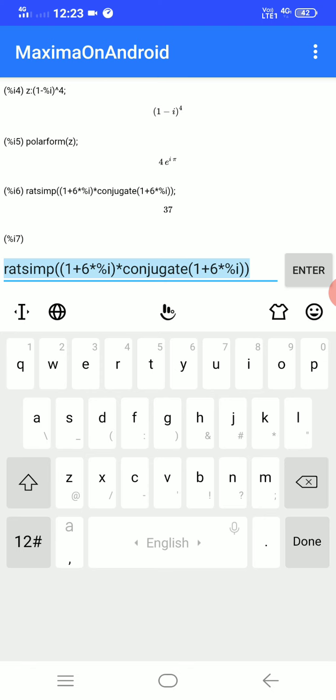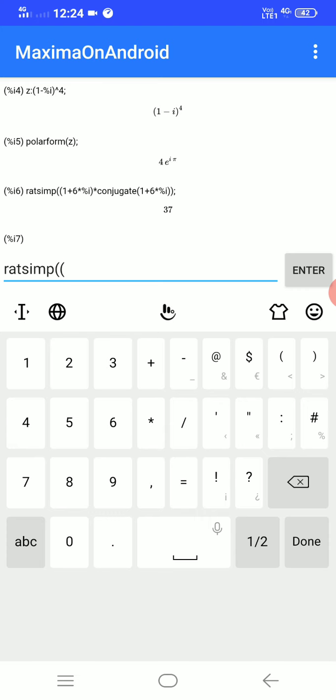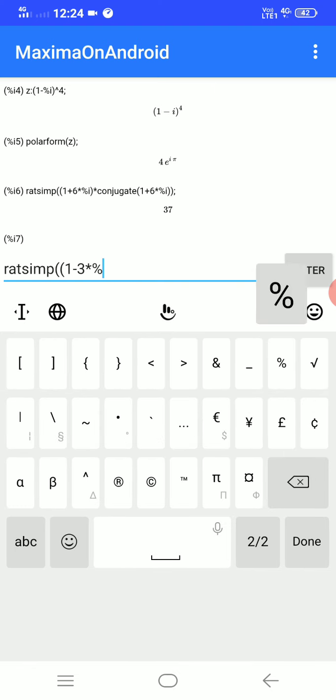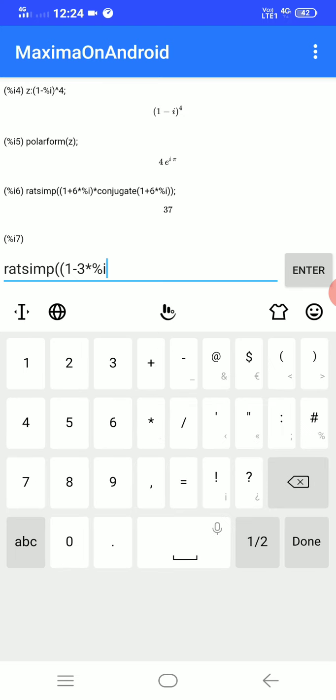In the numerator, 1 minus 3i and 1 minus 6i, simplify first. So using the syntax ratsimp of 1 minus 3 star percentage i, bracket complete, into 1 minus 6i.